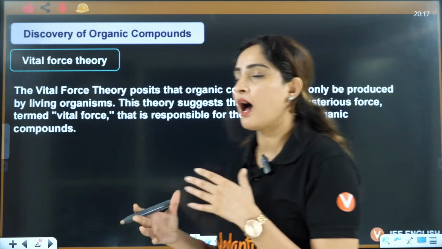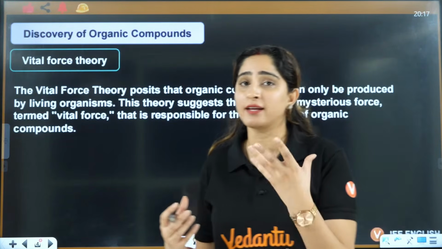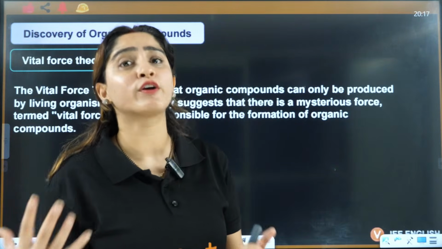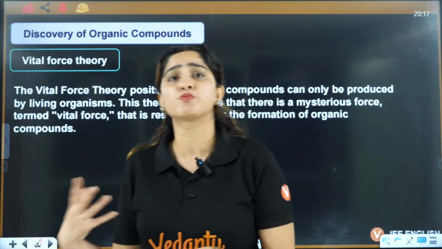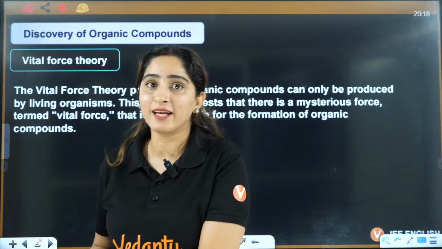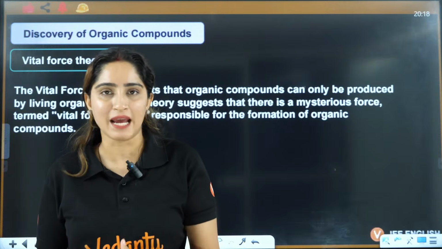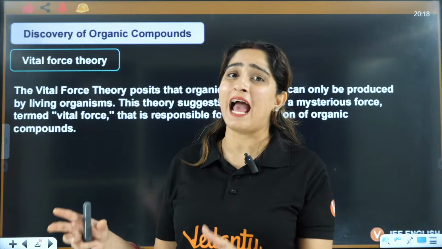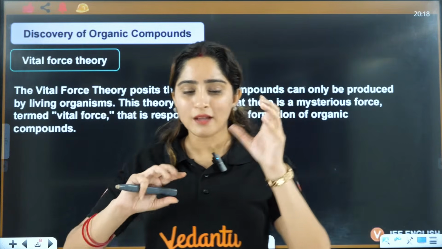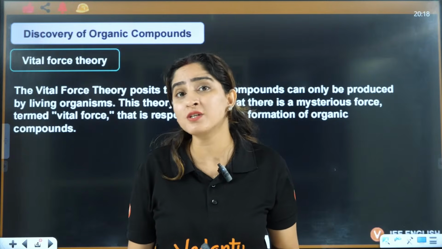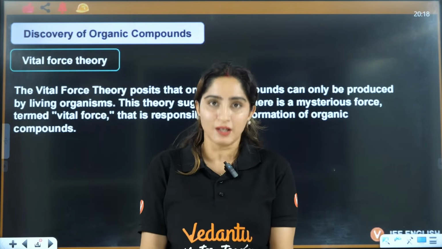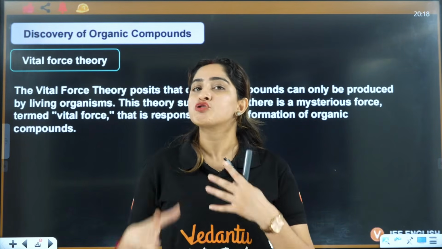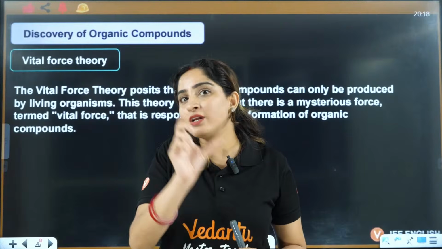What is the reason, and why do we call them organic compounds? The story is that we are made up of organic compounds. Carbohydrates, proteins, all are organic compounds in our body. All the natural things are organic. The compounds that are formed in our body are natural. We are not making them, God has already made them for us. So these are natural compounds, and natural means organic.